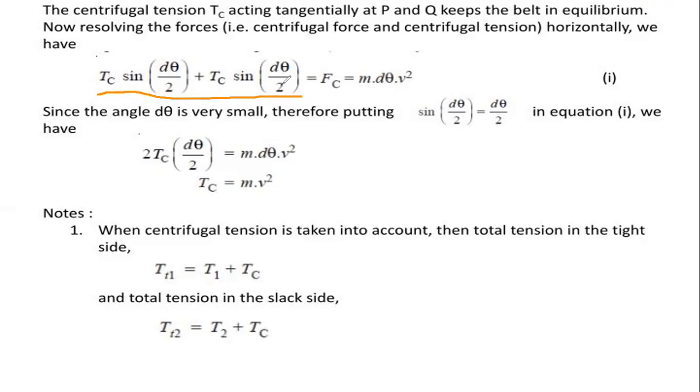In total, we got Fc is equal to m into d theta v square. This is the value we got for the two resolved forces, and these two resolved forces are equal.